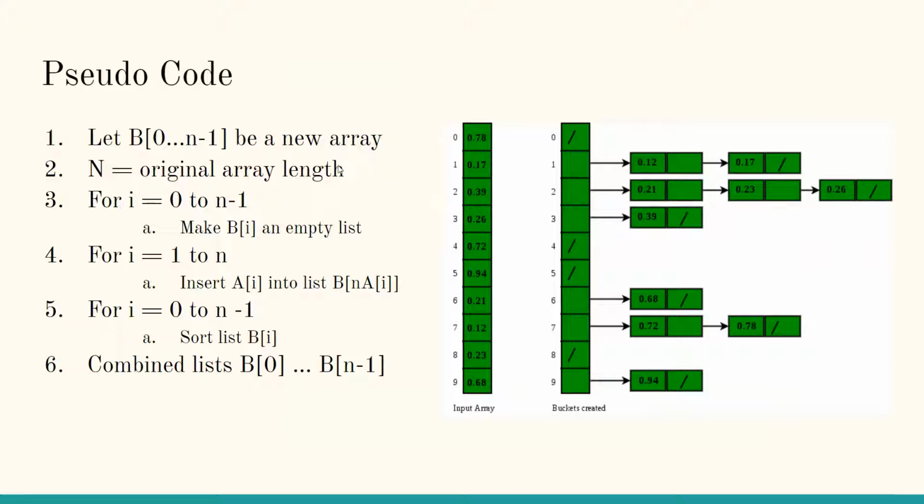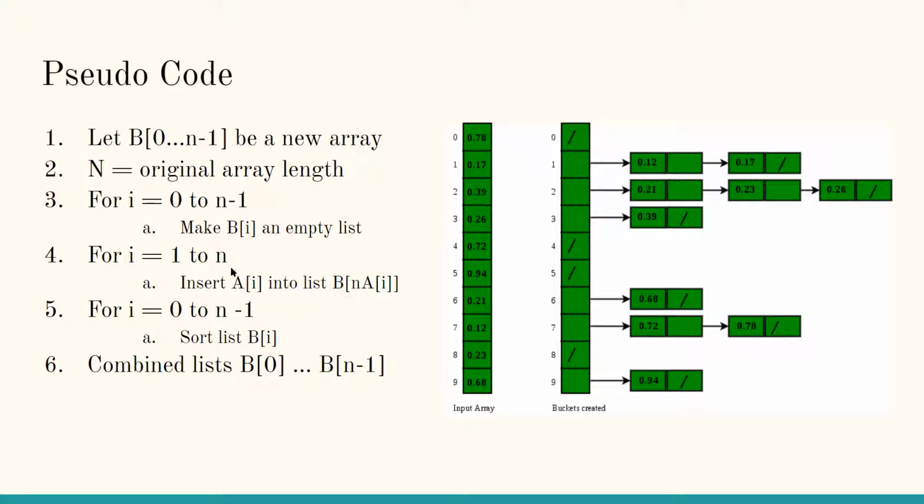So now moving on, I just wanted to show off some pseudocode before we get into actual code. And again, it's pretty simple, so there's not much to talk about here. You start off by making your arrays, all the buckets that you need, and you make sure to grab the original length of your array, because you're going to need to use that later while putting the values into the new lists. So in these two steps, it's just making sure that the new arrays are ready for the variables to be put into them.